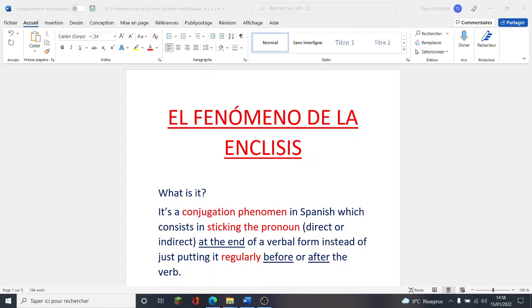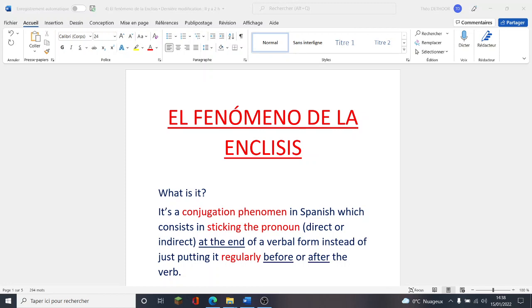This phenomenon was really important back in the days, in the 16th and 17th century, because this was done for many tenses in Spanish.